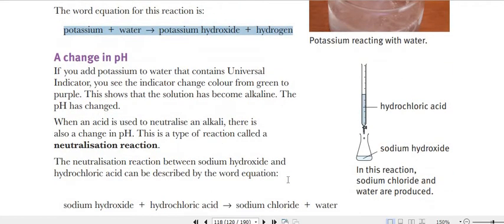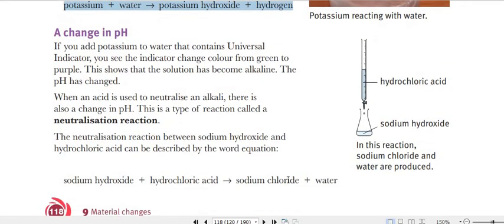Or guys, sometimes we have a change in pH. For example, if you react acid with an alkali, I think you talked about that in stage 7 or in grade 6. When we add acid to the base, what will happen? A neutralization reaction takes place, and the pH of the acid or of the alkali will change. فأنا ممكن هون أخلط صوديوم هيدروكسيد مع hydrochloric acid.